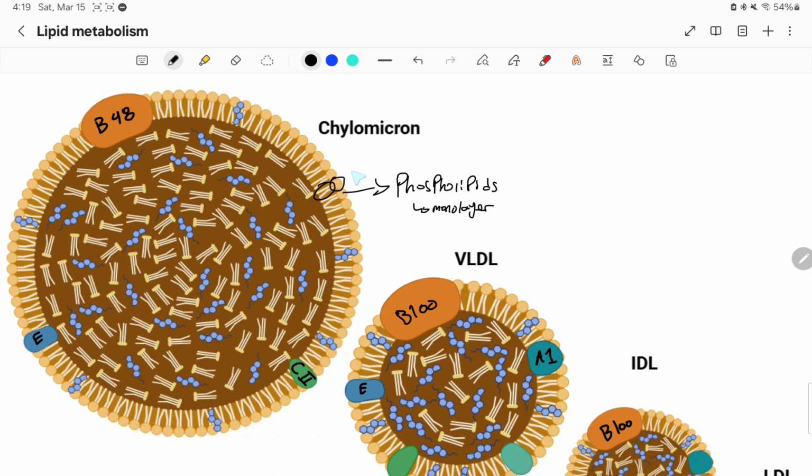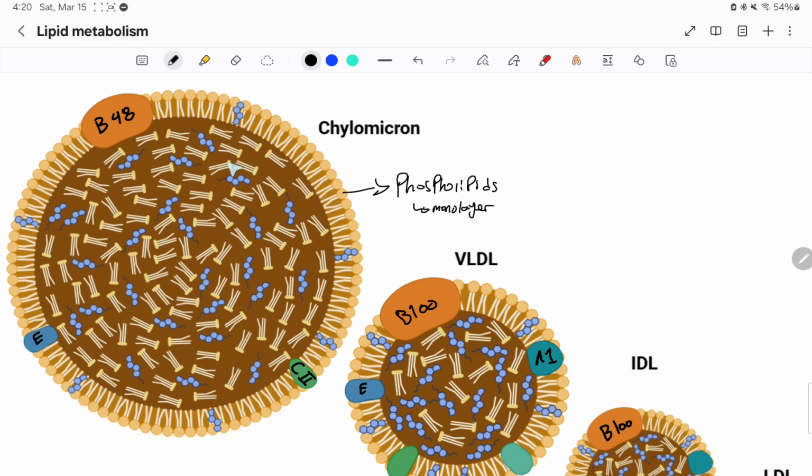So it would make sense that the hydrophilic head is pointing outside, to the portion where it will be interacting with the blood or the plasma, because these guys have to travel within the blood to reach everywhere in the body. So it makes sense that these little polar heads that are hydrophilic, water-loving, are pointing outwards, and the tails here that are hydrophobic, or fat-loving, you can say, are pointing inward. And I'll tell you why they're pointing inward right now.